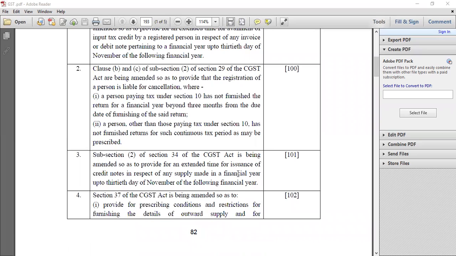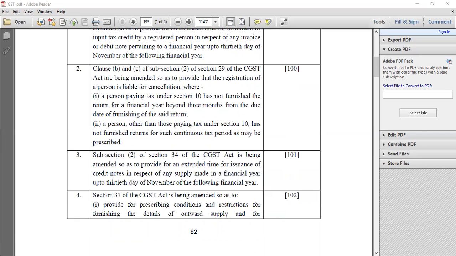If the taxpayer has not issued any credit note for a supply pertaining to a financial year, then the taxpayer can issue a credit note up to the 30th day of November of the following financial year.